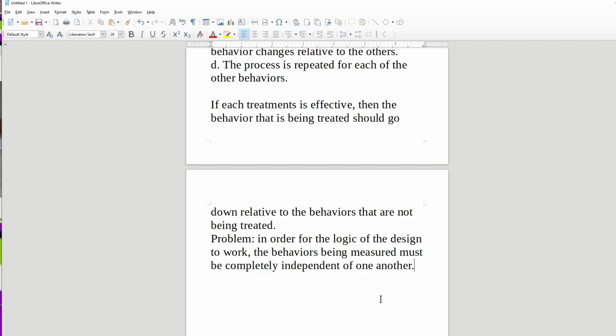And that's almost never going to be the case. If you've got three behaviors that are measuring essentially the same thing, in this case how bad the kid is, if you affect one, it's almost always going to affect the others.